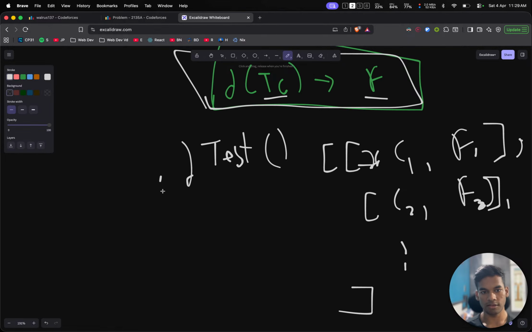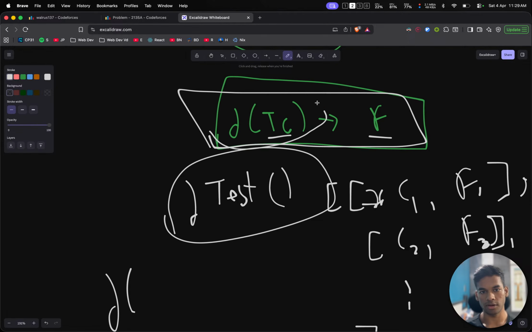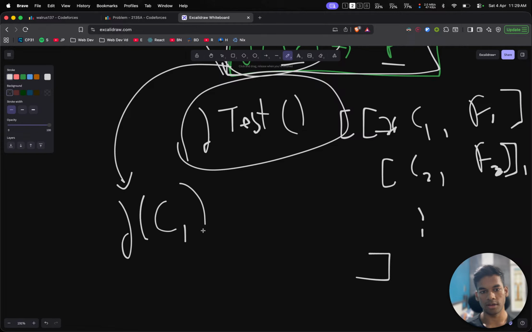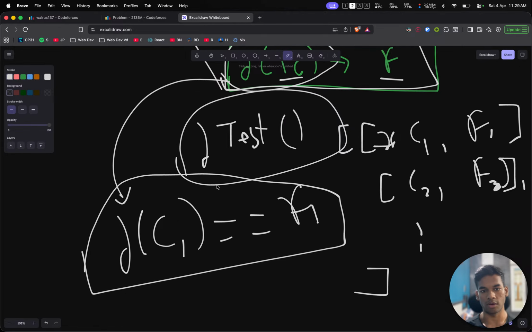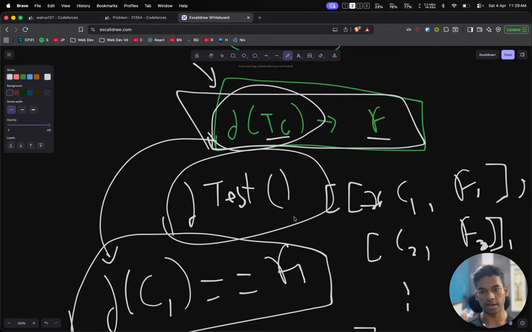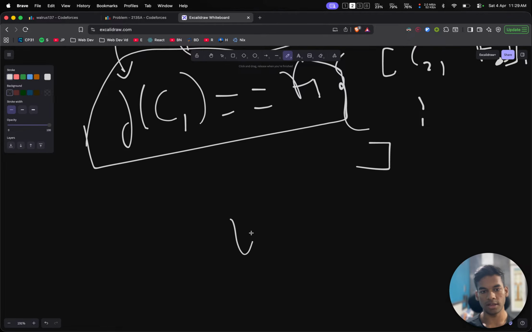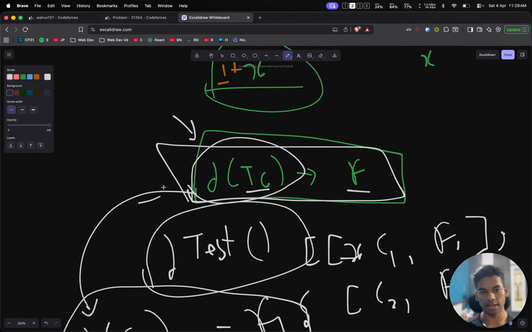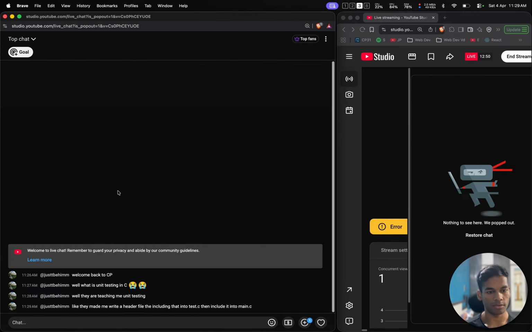And in this test function, what you will do is you would call this function which converts Celsius into Fahrenheit, and you will call it with C1 and compare: is this equal to F1? And if it is equal to F1, then your function is working correctly. But if it is not, then you will throw an error, and that would mean that your function has failed the test. So something is wrong. And you would do this with all of these Celsius Fahrenheit values that you have.